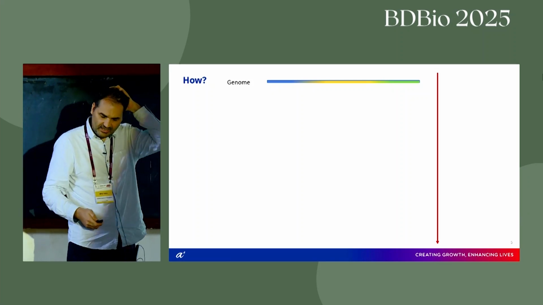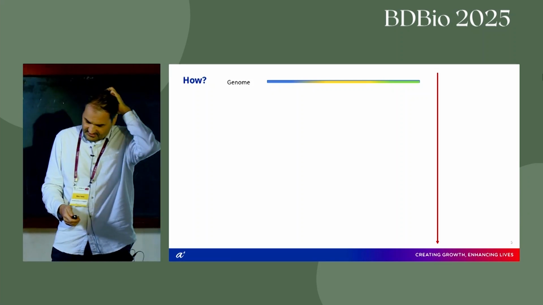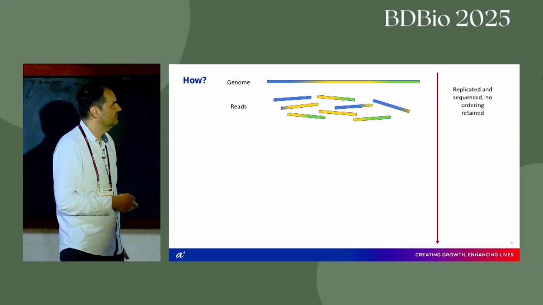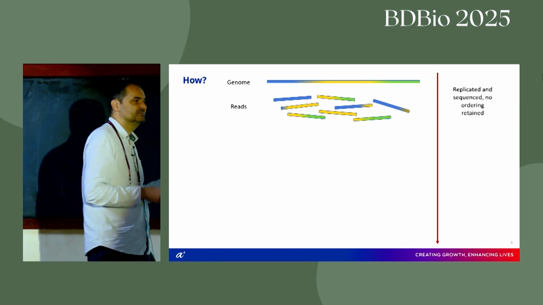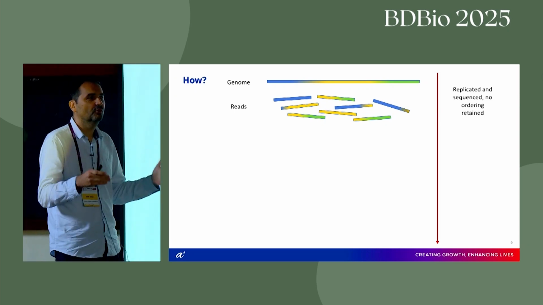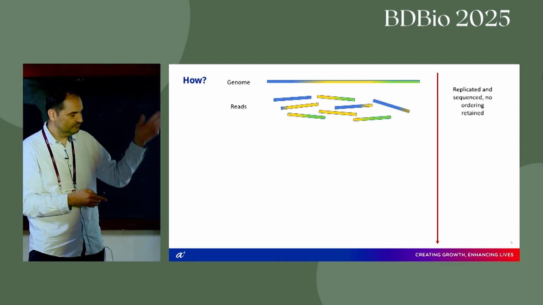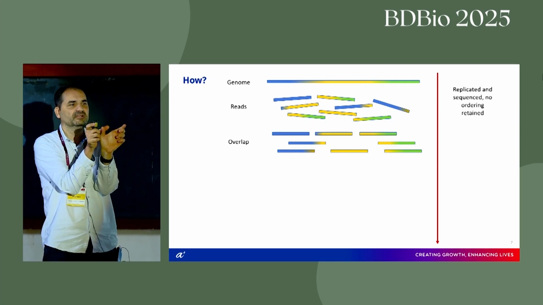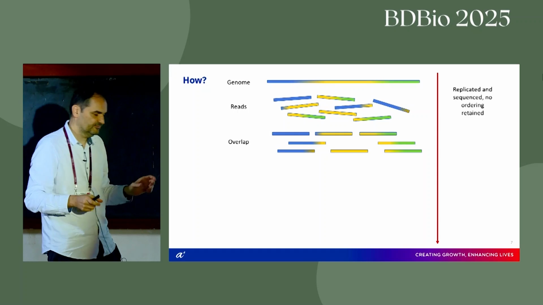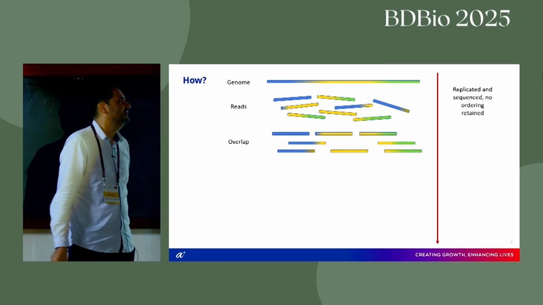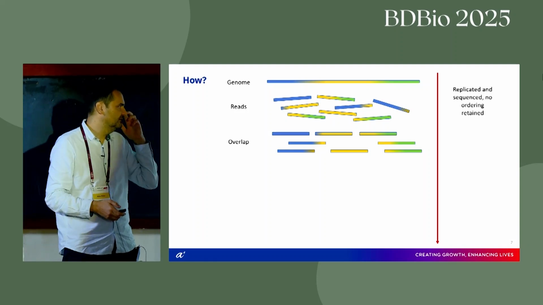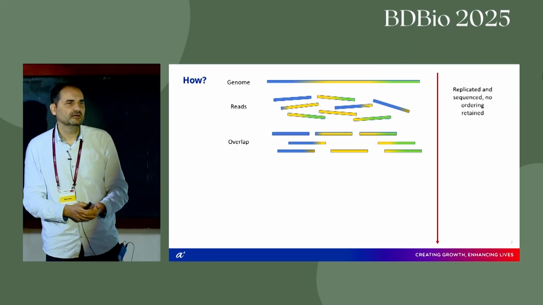So how does de novo assembly work? First, we have the complete genome. We cut it into small pieces, so we don't know the order of them. So in the first step, we need to find some kind of overlaps, using the information that the suffix of one sequence is equal to the prefix of another one. Paul mentioned the de Bruijn graphs today.